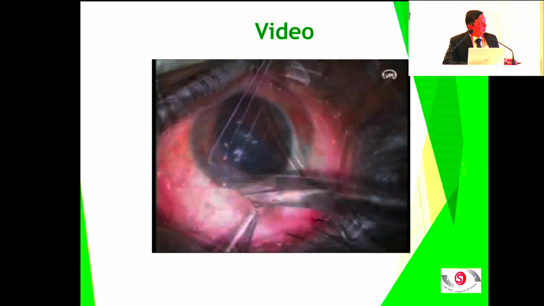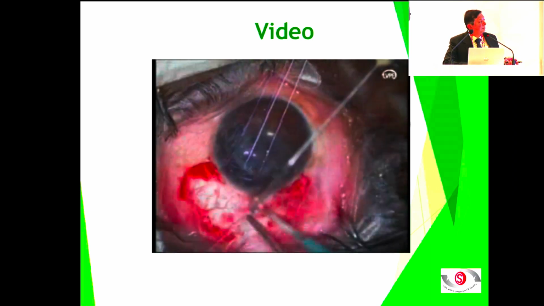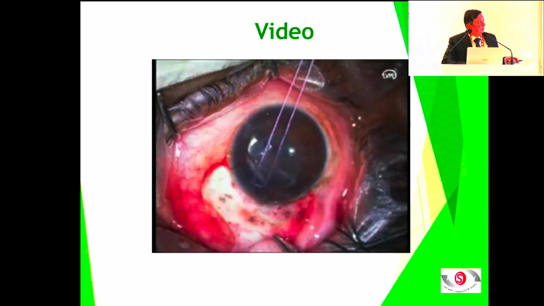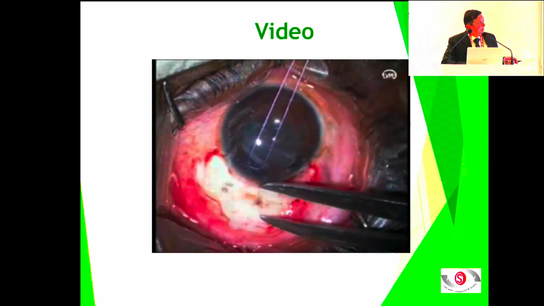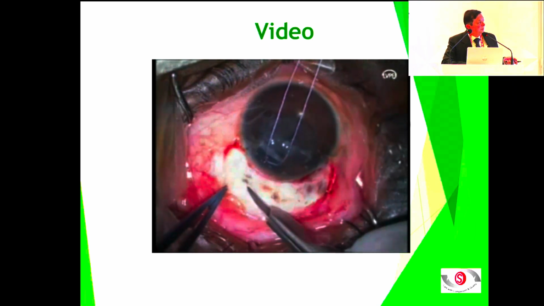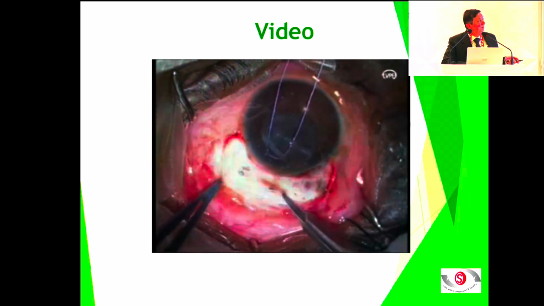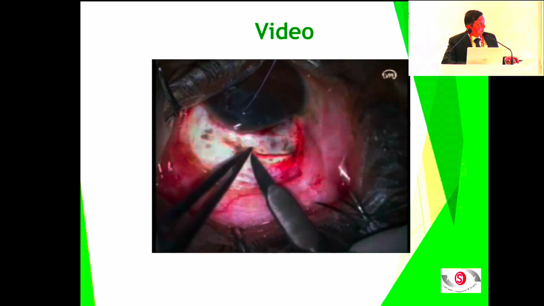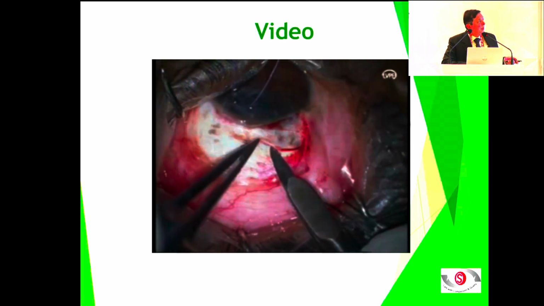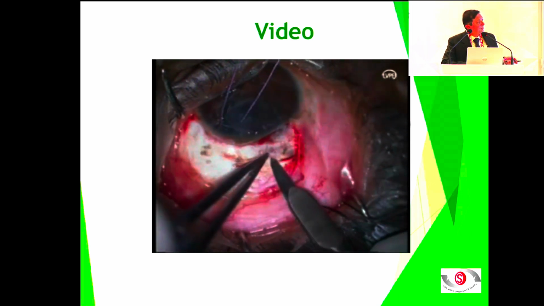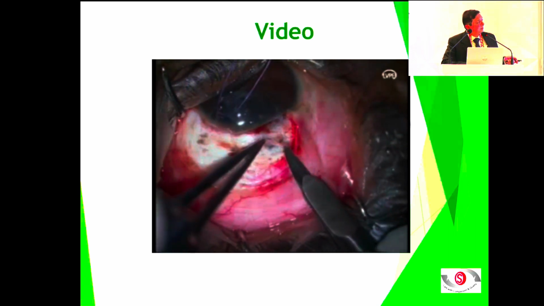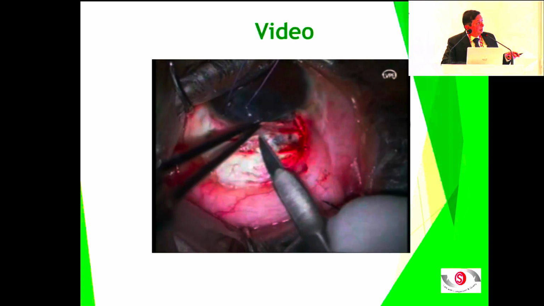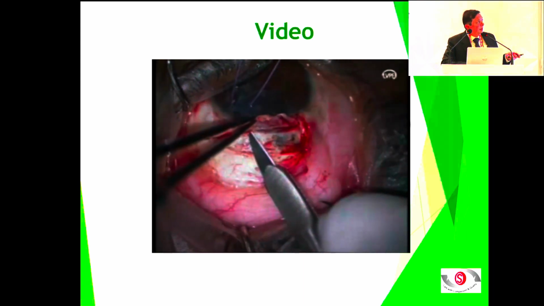Now conjunctival peritomy. Nicely cauterize the 4 millimeter. Make the superficial flap. Here in this patient I had an inadvertent entry and I had to take an extra suture.